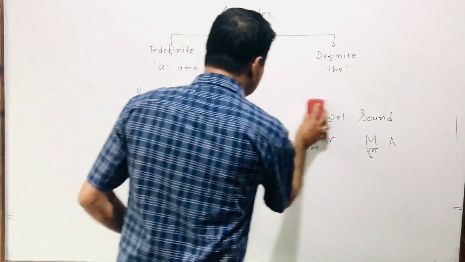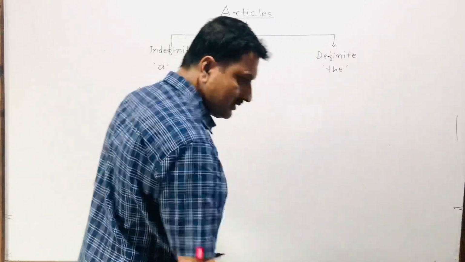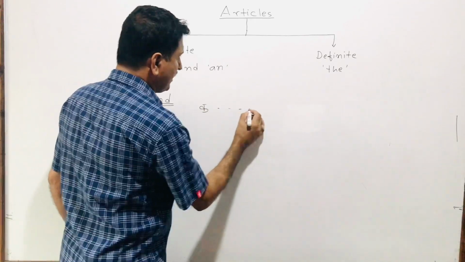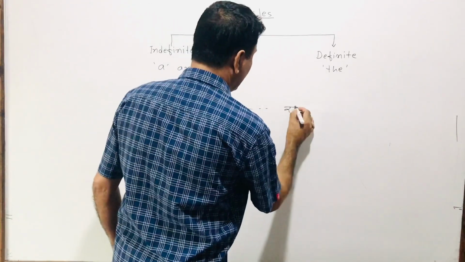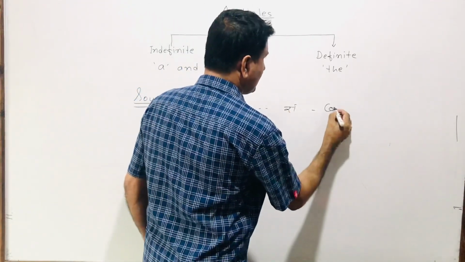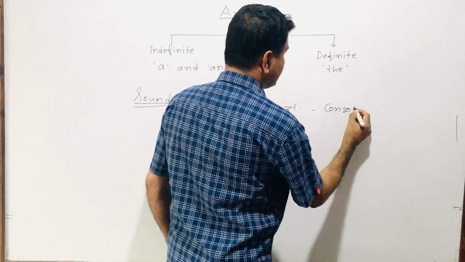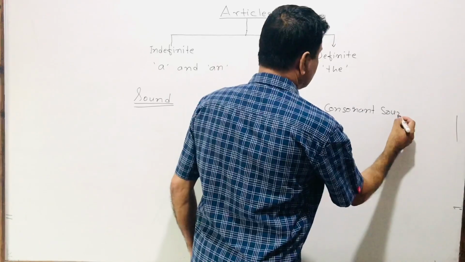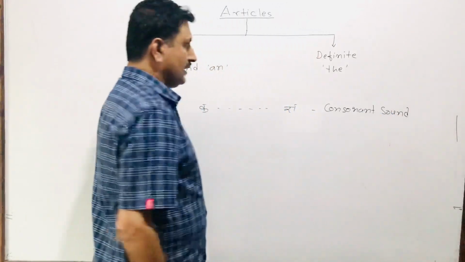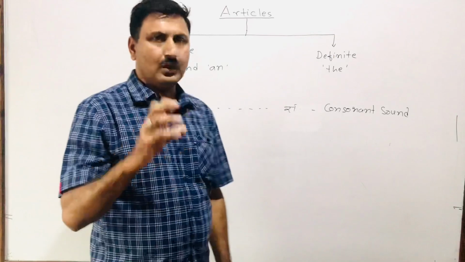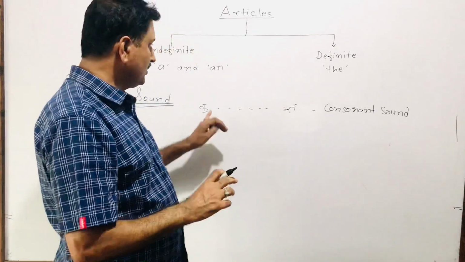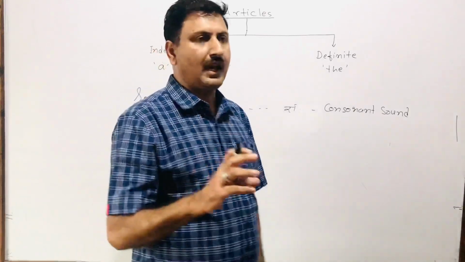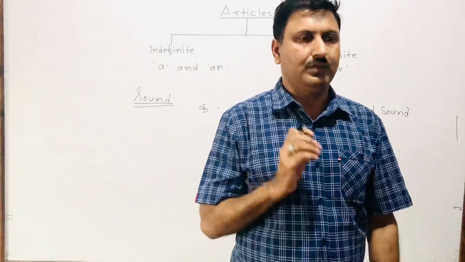Similarly, the sounds that belong in the Ka group, sound from Ka to Gya, are consonant sounds. Any letter or any word that gives the sound from Ka to Gya is supposed to have consonant sound.